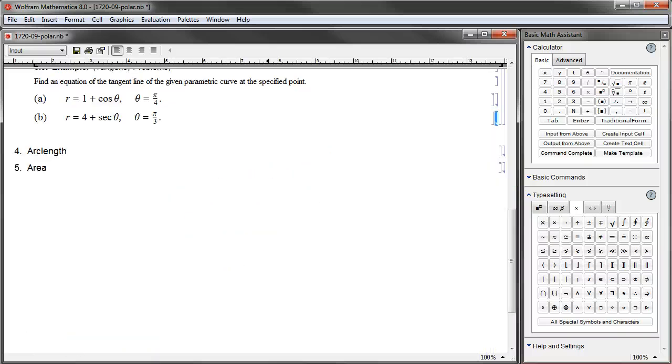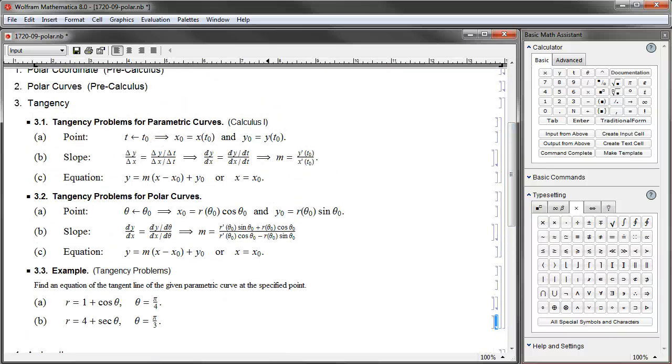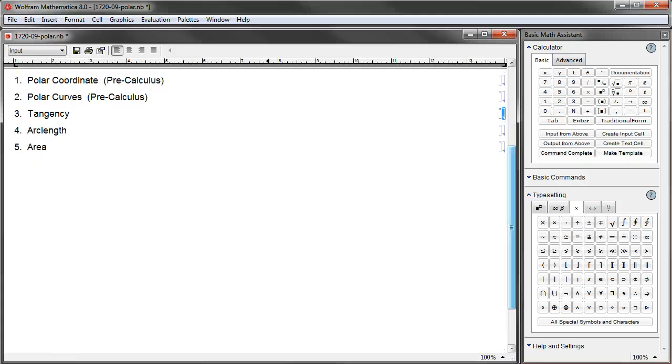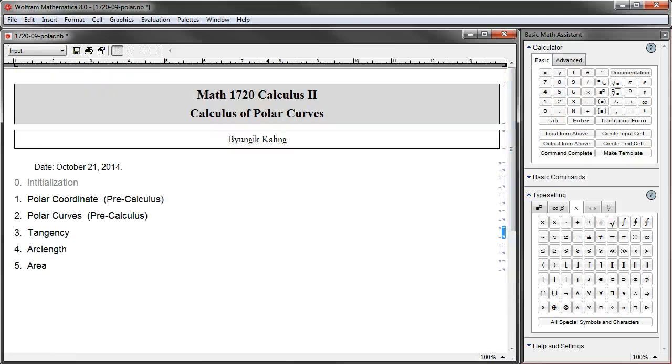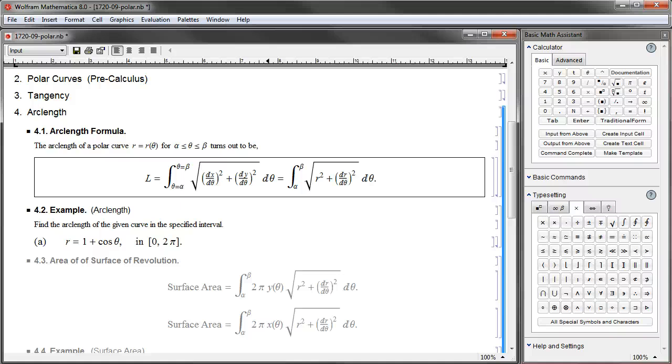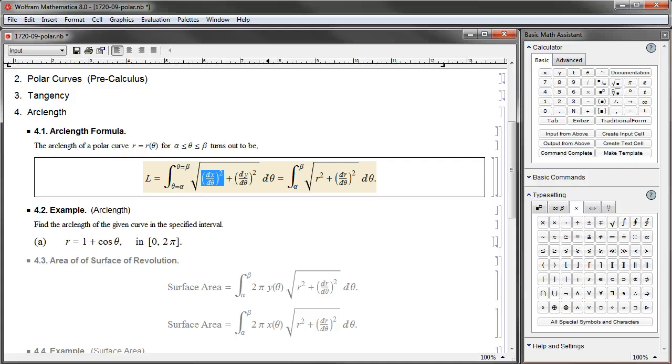Okay, that concludes section 3 of this notebook, and then let's move on to section 4, arc length. The arc length formula goes kind of like this. Well, we want the same ds computation as before: dx d theta squared plus dy d theta squared, and the square root of all that times d theta.